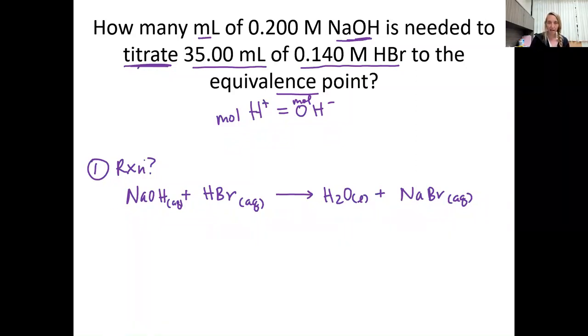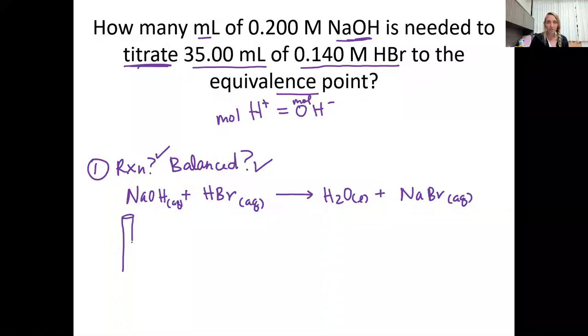Okay, so I have my reaction. The next thing is, is it balanced? On this side, I have one sodium, one oxygen, two hydrogens, and one bromide. Okay, so my reaction's balanced. So I know my reaction, I know it's balanced. Then I think about the actual setup, right?